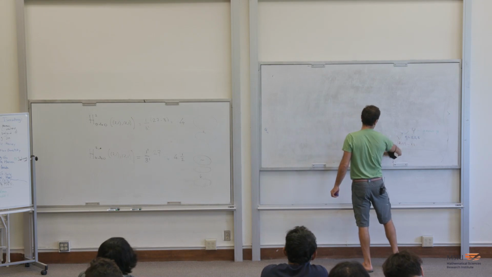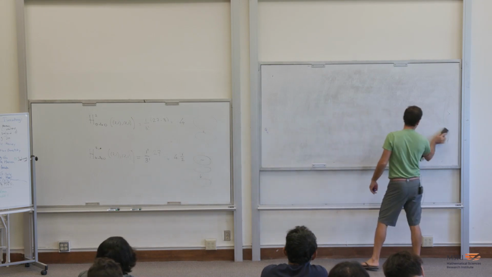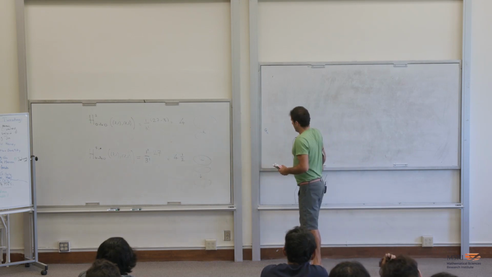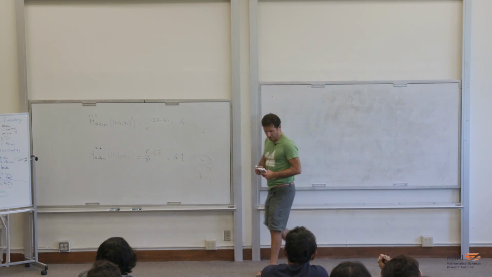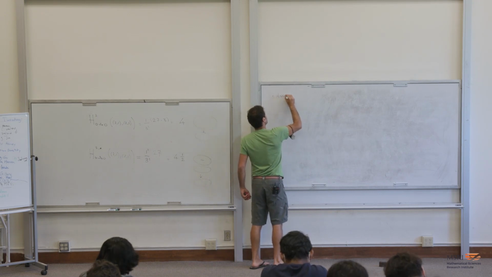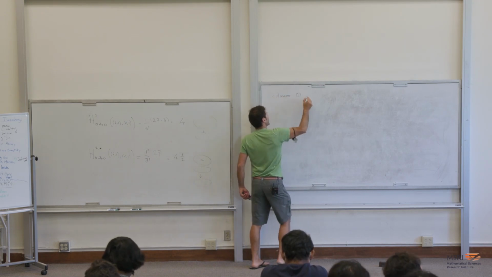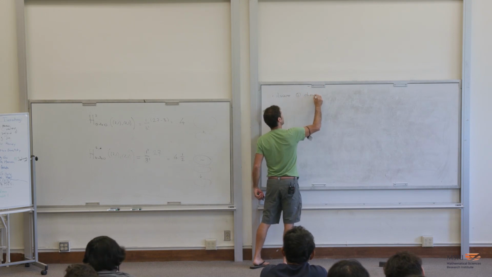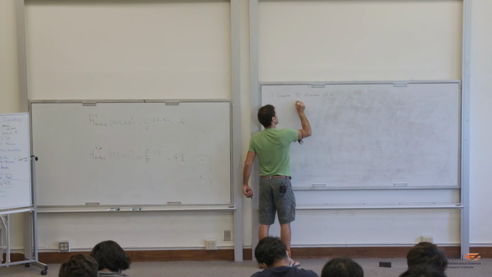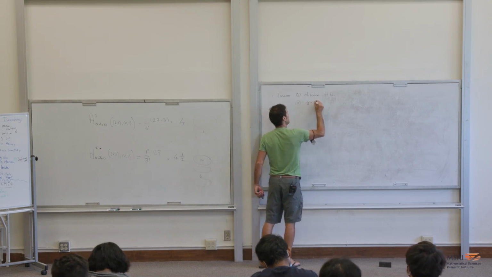And let me make a small simplifying assumption. The complete version is in the notes, but let's assume that we're going to do disconnected Hurwitz numbers, and let's also assume that g is equal to 0.